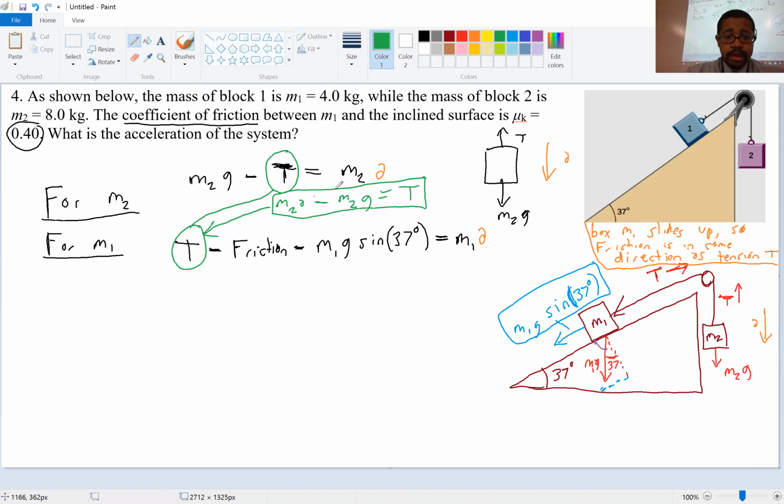And so the result of plugging this in for this and putting friction in the form that, you know, the normal force times the frictional coefficient, gets this equation.